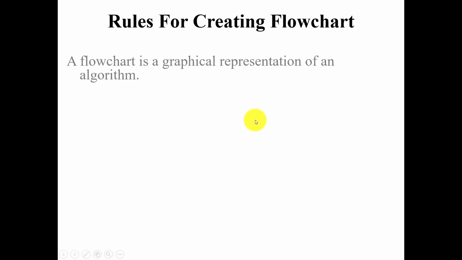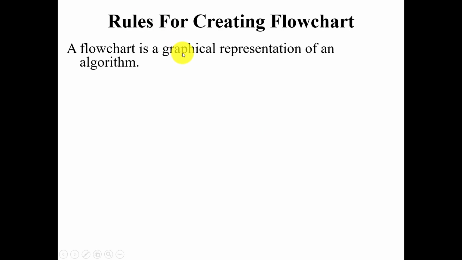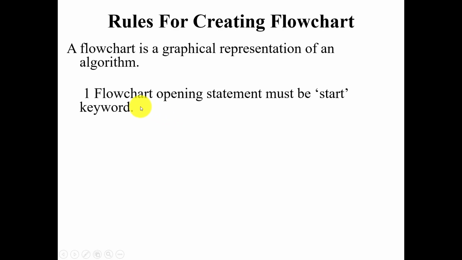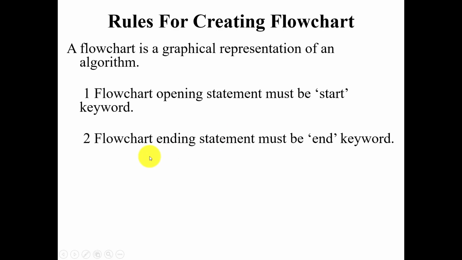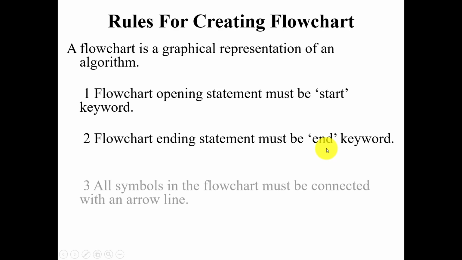Now let's understand the rules of creating a flowchart. We know that a flowchart is nothing but the graphical representation of an algorithm. The first rule is that the flowchart opening statement must start with the start keyword, shown by the terminal symbol. The second rule is that the flowchart ending statement must be the end keyword or end symbol, the terminal symbol.